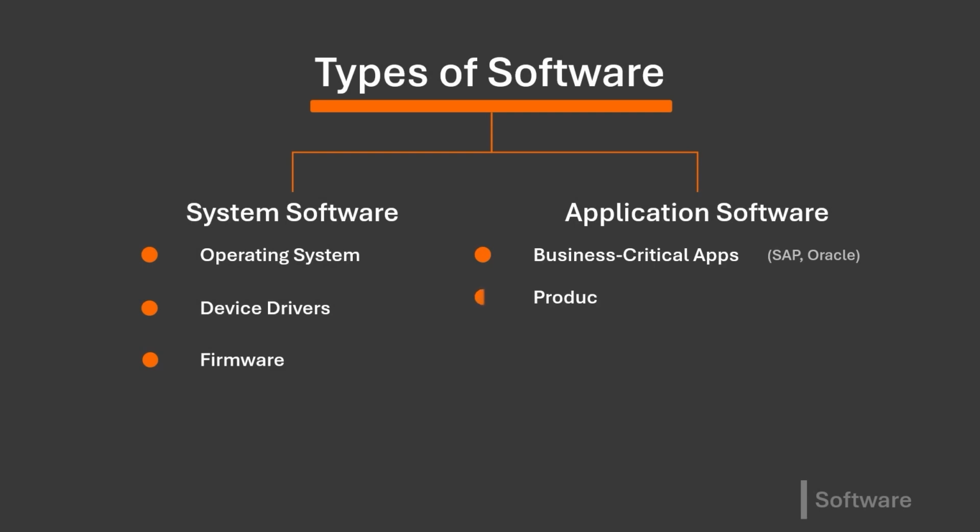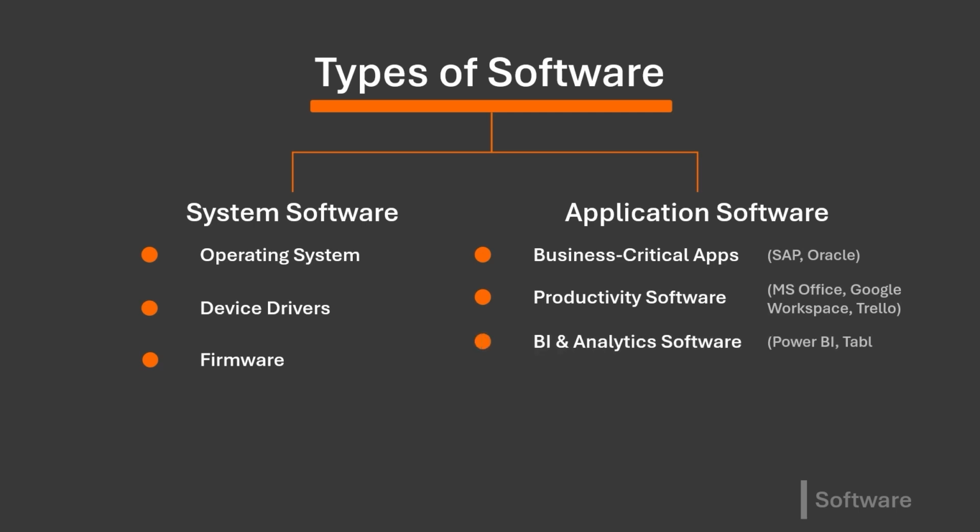We also have productivity software. These are tools like Microsoft Office, Google Workspace, and project management applications such as Trello, which help teams collaborate, manage documents, and track tasks. Then there is business intelligence or BI and analytics software. Solutions like Power BI and Tableau enable organizations to analyze large data sets, visualize trends, and gain actionable insights.